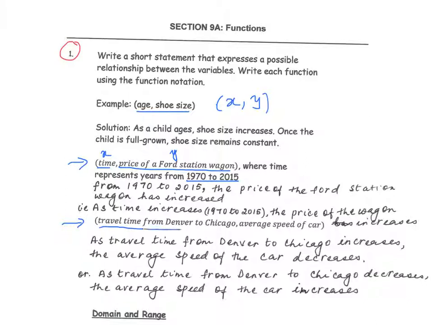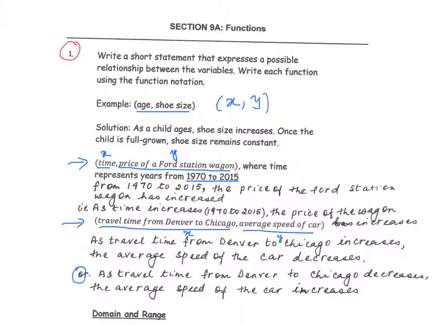Travel time from Denver to Chicago, let's treat it as the independent variable. The average speed of the car, the dependent variable. So as travel time from Denver to Chicago increases, so you're taking longer to reach Chicago from Denver, you can assume that the average speed of the car decreases. As the car goes slower, the time it takes to reach the destination is longer.